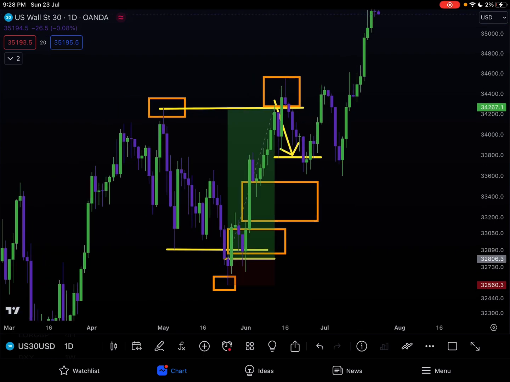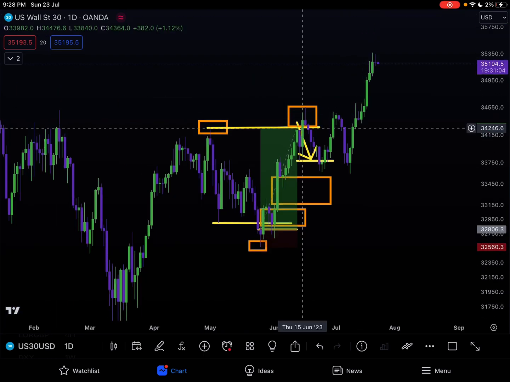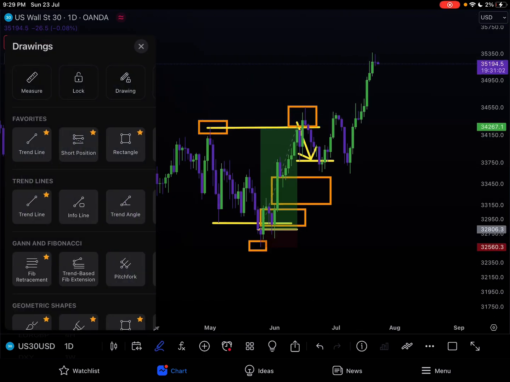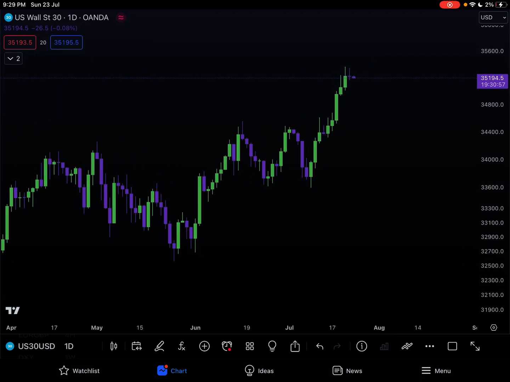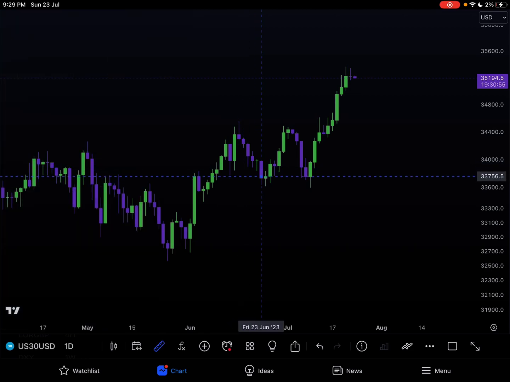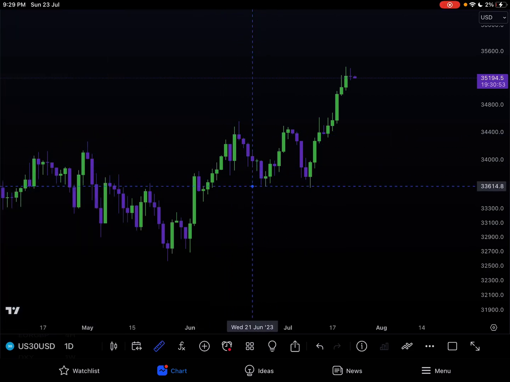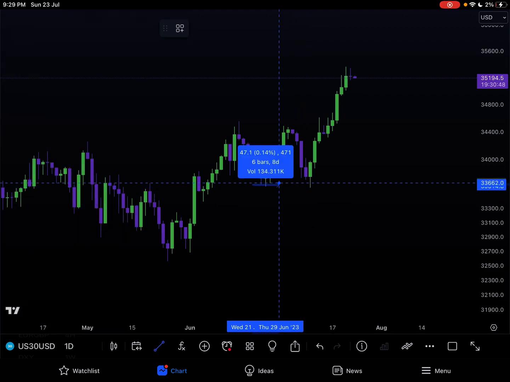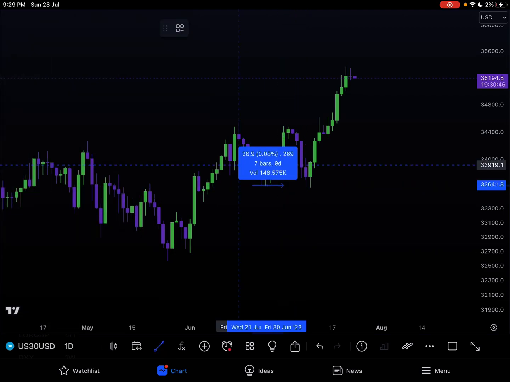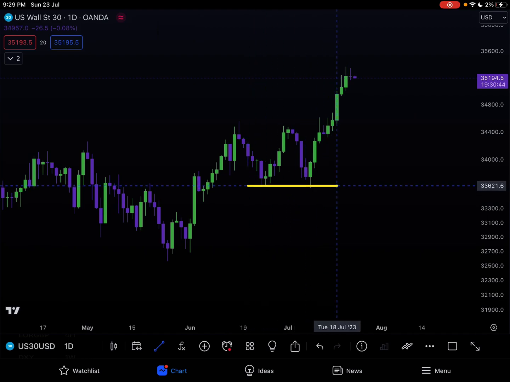Now, you want to run it again? How do you know that it's going to be bearish or bullish? Right? And again, this is a simple concept. Check this out. Ready? Trend line.